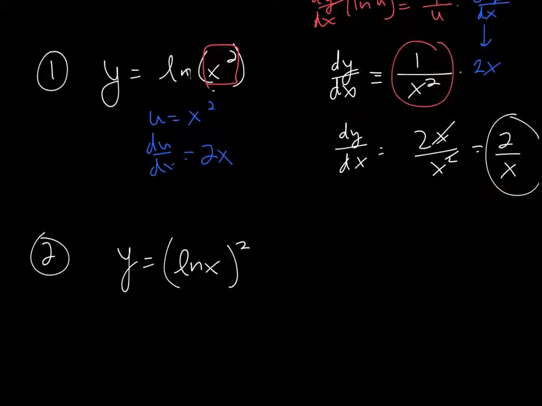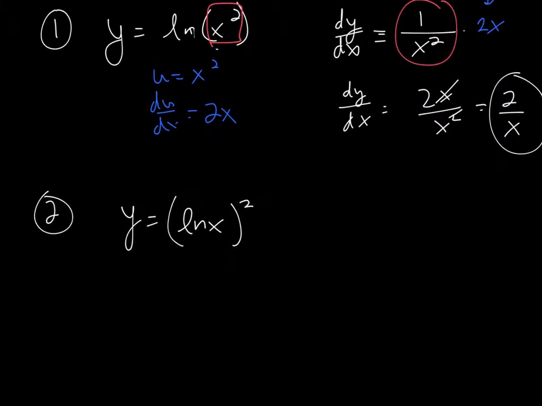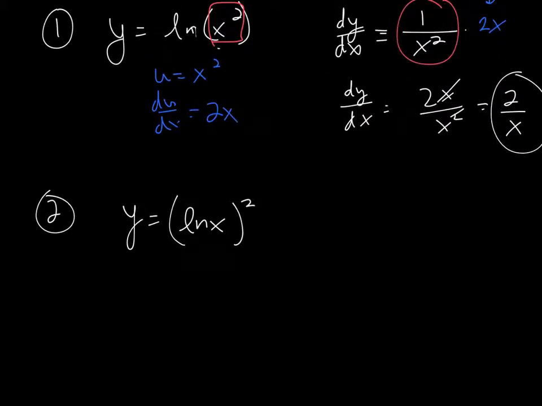So, if I'm looking at this one, my u, my inside function, is natural log of x, and the derivative of natural log of x is 1 over x. My function itself is u squared, so dy du is 2u.